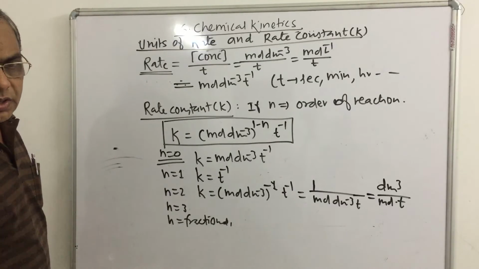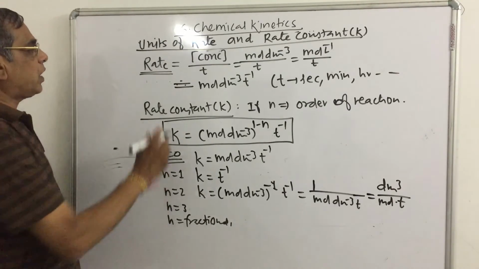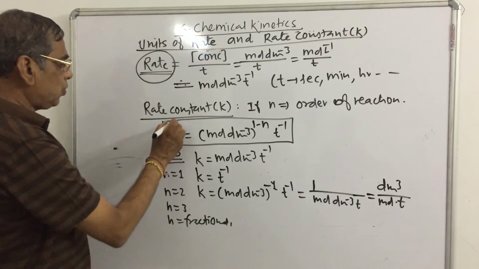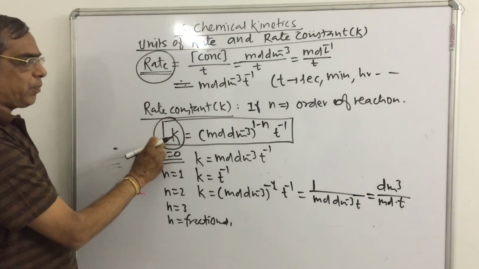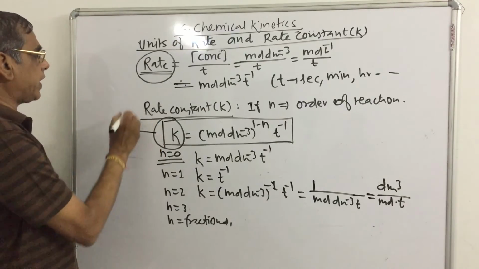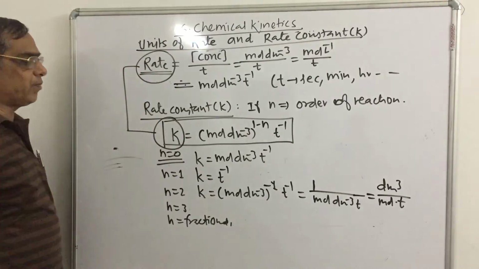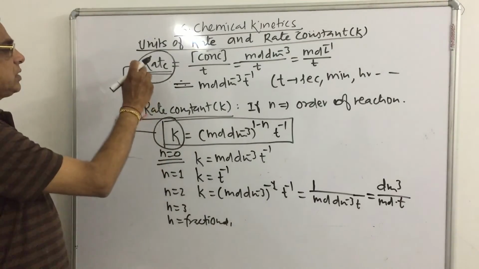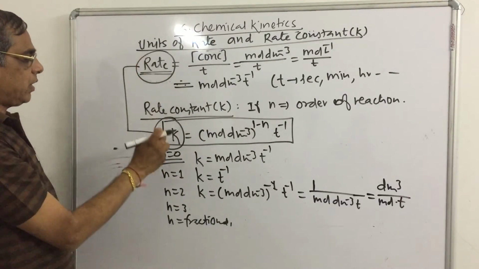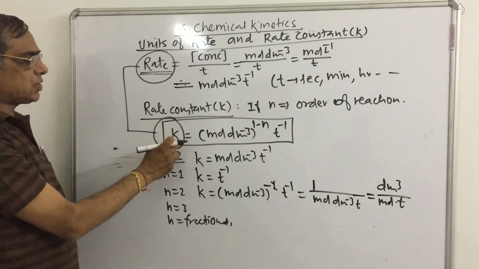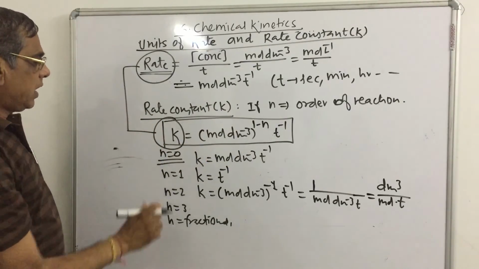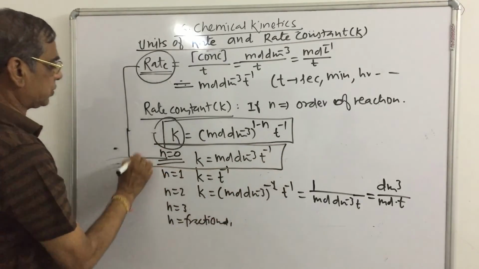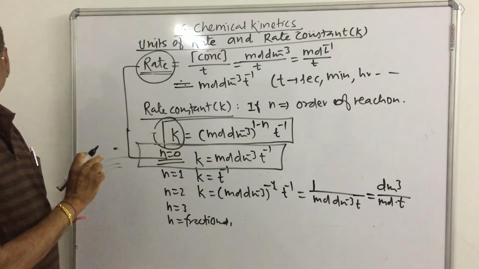Very important for CET and NEET: the unit of a rate and the unit of a rate constant for the zero order reaction are the same. So the unit will be the same for both, the unit of a rate and the unit of a rate constant for the zero order reaction, just like this. Okay.